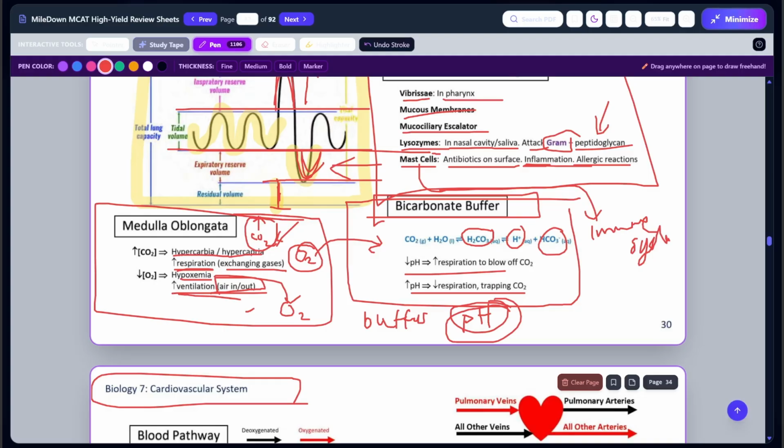So you draw more O2 to your alveoli and raise blood oxygen levels, because you have low oxygen, right? If you have high CO2, you're going to have higher respiration and ventilation to blow off the excess CO2. That's the goal: shifting equilibrium in the blood. These two are very related, so learn them together.